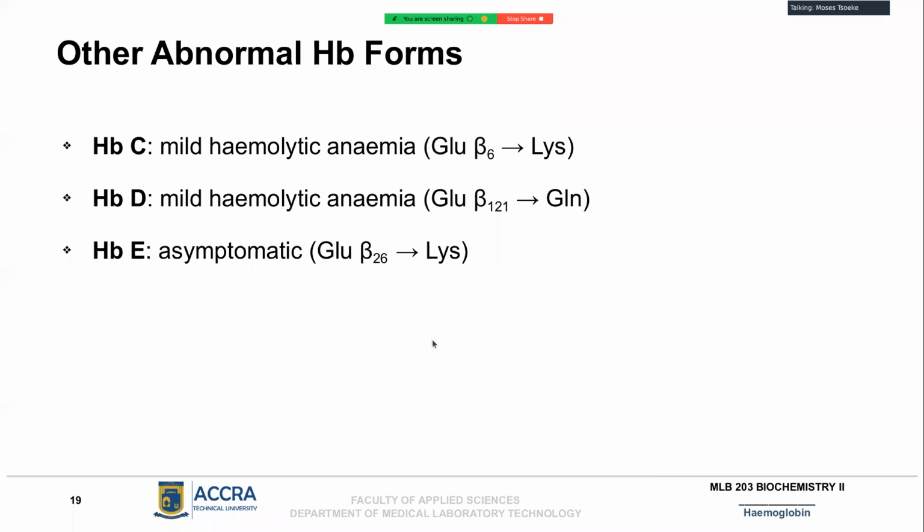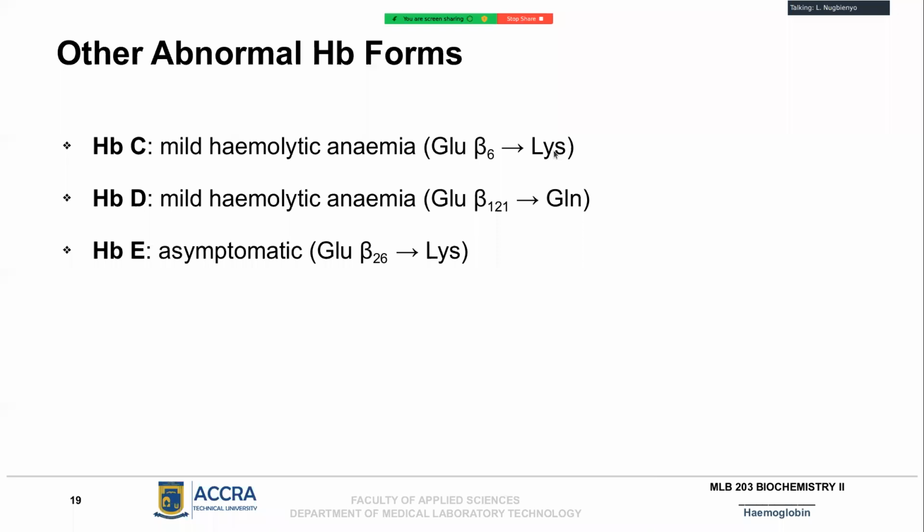So as we have understood, we have some other forms of these abnormalities. We have hemoglobin C, which will cause some mild anemia, again at the 6th position. That same glutamic acid in the normal hemoglobin will now be replaced with lysine.